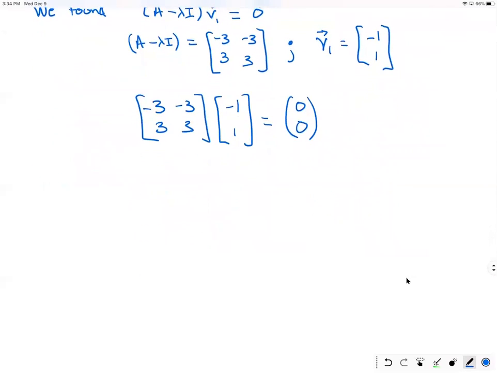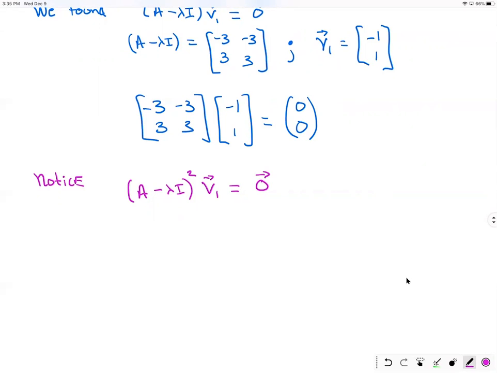So here is the part that's kind of tricky to get at first, but we'll actually work it out to see if it works. Notice that if I take A minus lambda I and I square it, and I multiply that by V1, I also get 0. What does that mean?